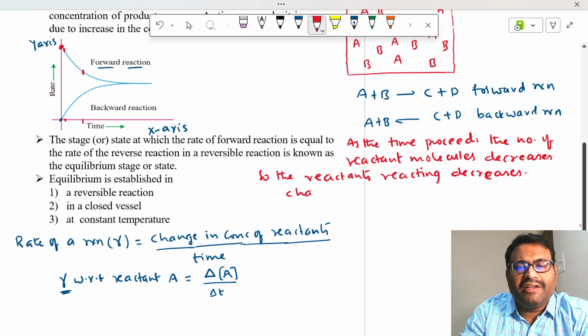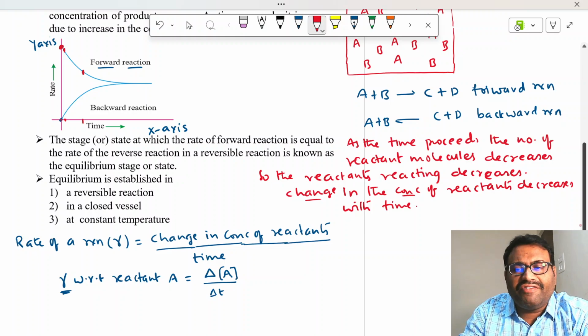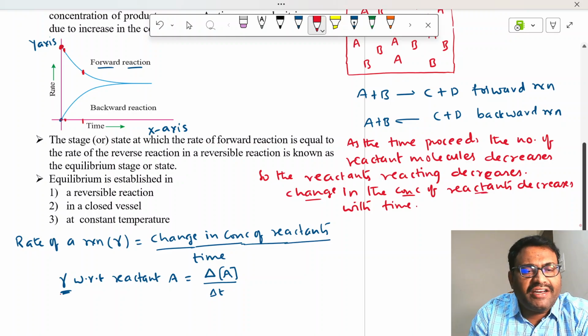Change in the concentration of reactants decreases with time. If the change in the concentration of reactants decreases, automatically the rate decreases.